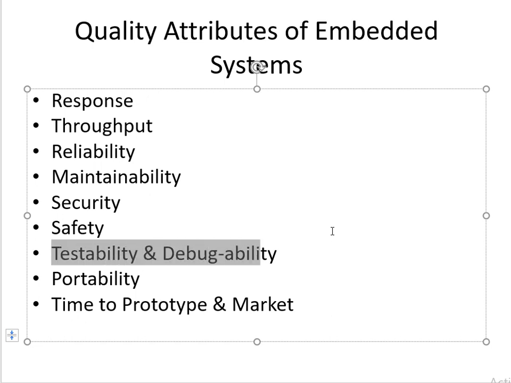Okay, we have other parameters, and as I told you, these parameters are non-operational quality attributes. The quality attributes that need to be addressed for the product, not on the basis of operational aspects, are grouped as follows: testability and debuggability.